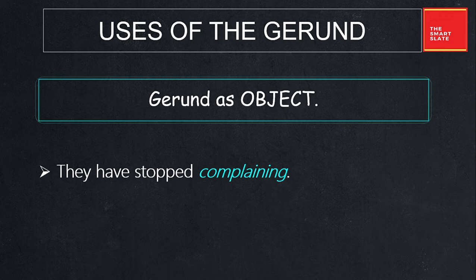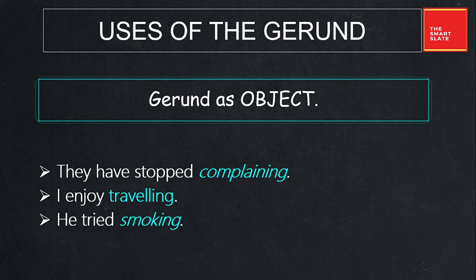The verb complain plus ing gives you the gerund complaining, and it is acting as an object in the sentence. I enjoy traveling. So traveling is the object. He tried smoking. Again, smoking is the object.